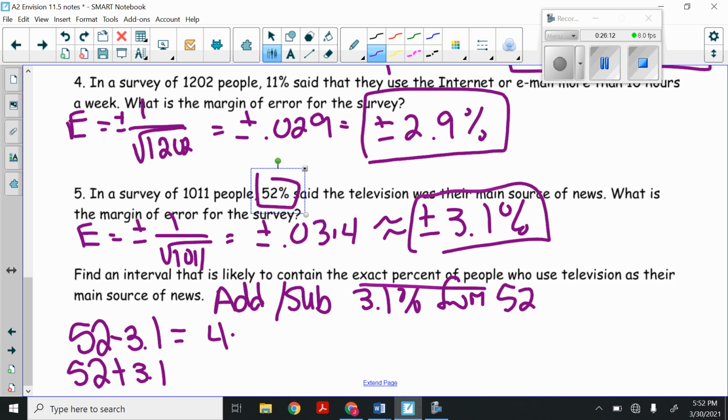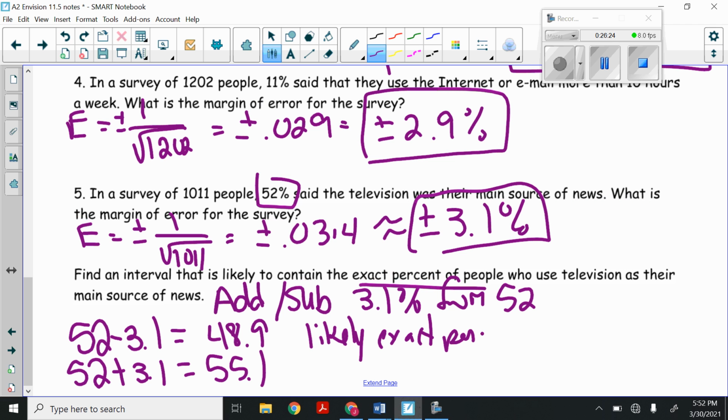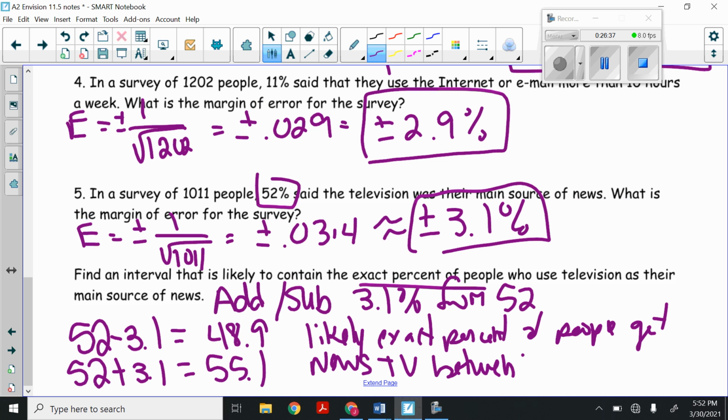When I subtract, I get 48.9. When I add, I get 55.1. So it is likely that the exact percent of people who get their main source of news from the TV will be between 48.9% and 55.1%.